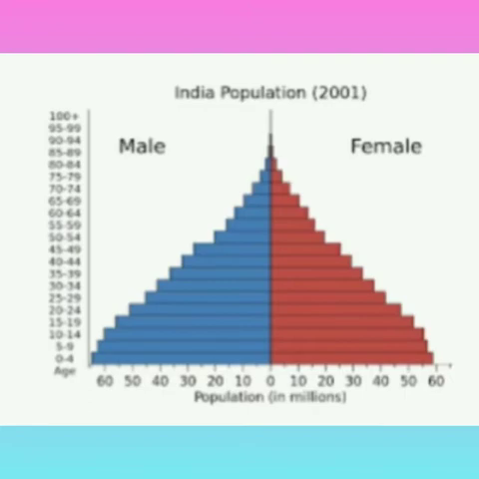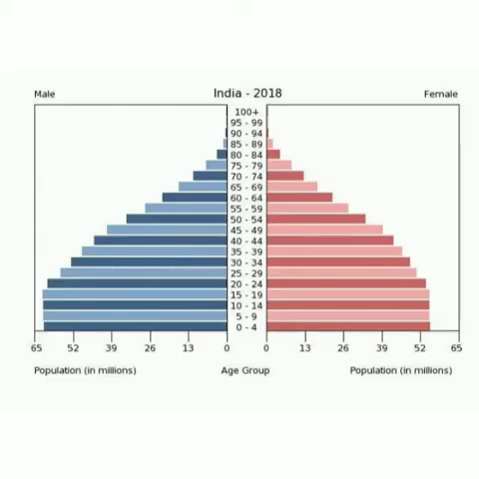A population pyramid is a graph that shows the age-sex distribution of a given population. It forms the shape of a pyramid when the population is growing. Males are conventionally shown on the left and females on the right, and they may be measured as a percentage of the total population.